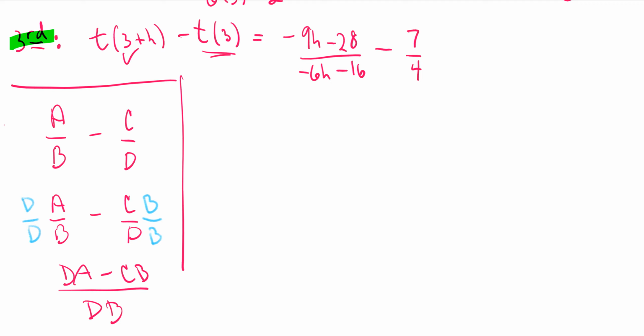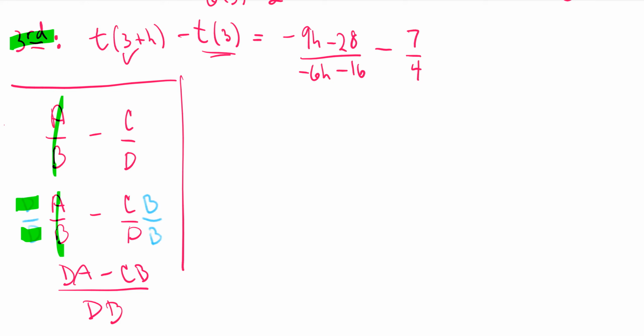A over b minus c over d. We don't have a, b, c, and d in our thing, but the basic essence of the math is over here on the left. So over there on the left, the denominators are b and d. So we'll use d times b for the common denominator. Now the first fraction on the left-hand example was a over b. From the common denominator, that's missing the factor of d. So we have to put that in the denominator and hence in the numerator.